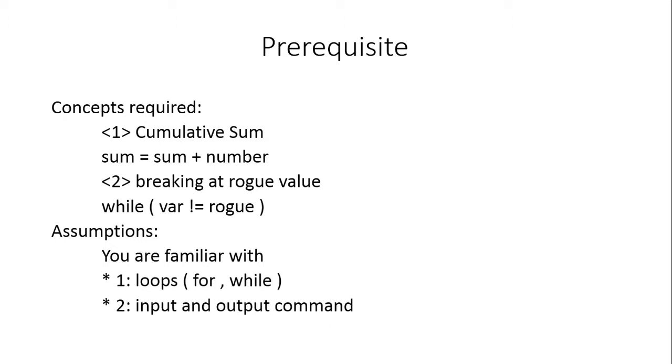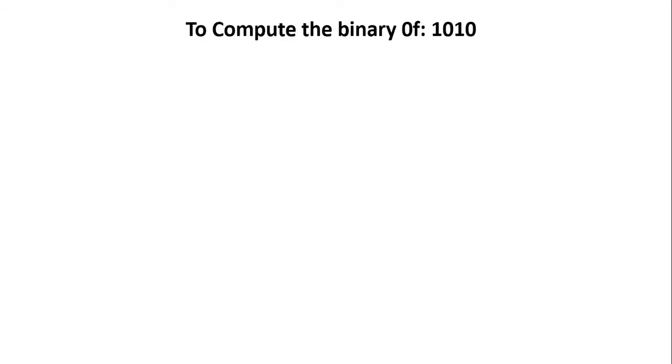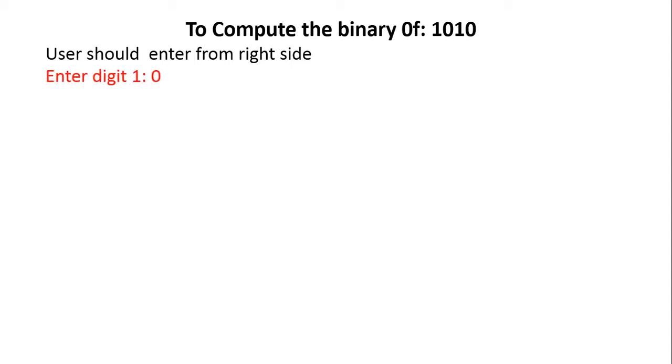All right, so for example, if we want to take the binary 1010 and convert it into decimal, we need to go through some steps, and the interface of our program should be like this. It asks, enter the first digit.